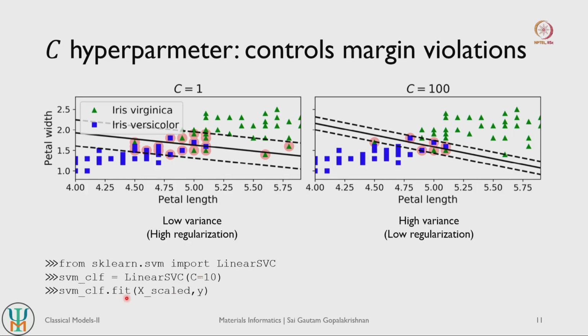And then fitting the model is fairly straightforward, works like any other scikit-learn model with the fit function. Make sure that you put in scaled features here alongside the target values here. So, that is how you implement a simple support vector classification model that works well for linearly separable data sets.